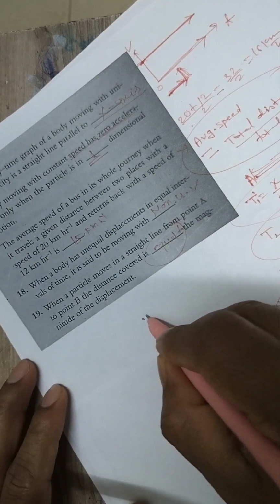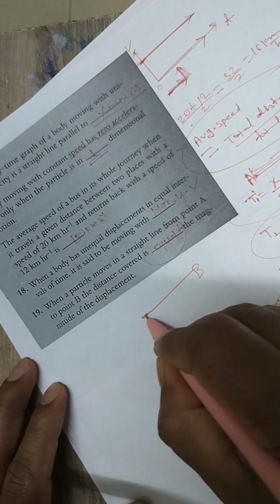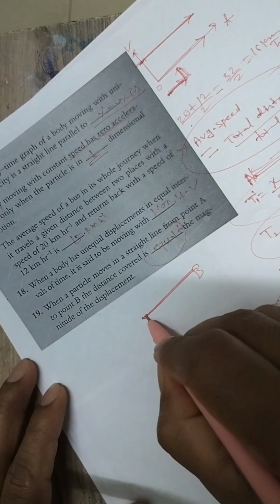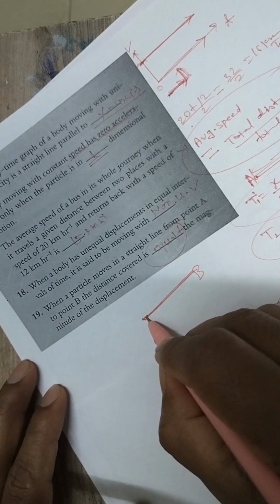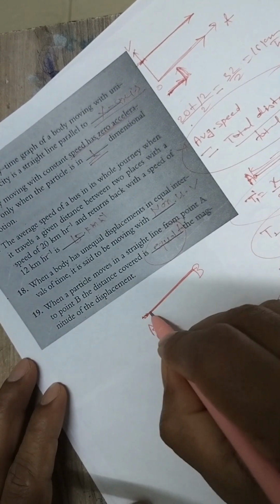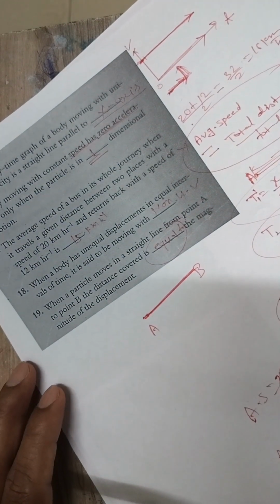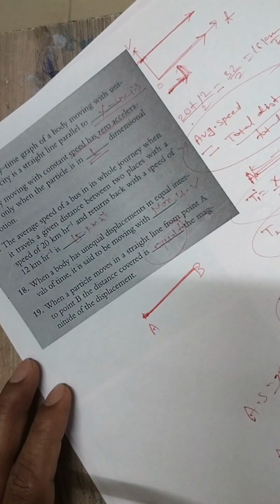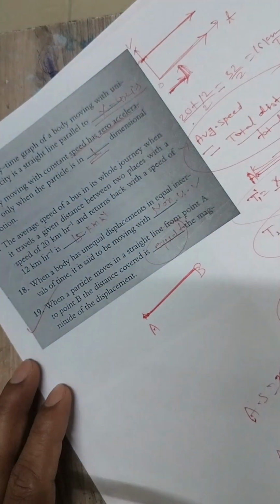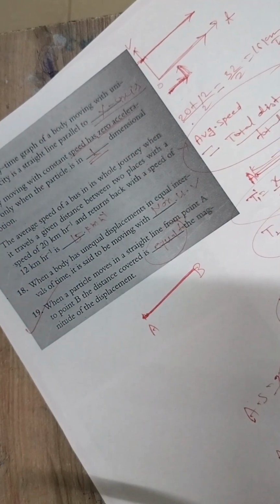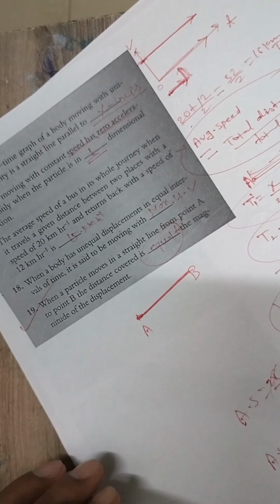If I started from A, gone to B, and again came back here, the displacement is 0, but the magnitude of the displacement is there because direction is involved in a vector quantity. So its final answer is 0, but magnitude is equal to the distance covered. So I think this is also covered.